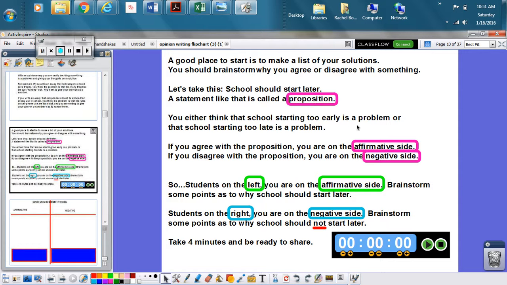And the terms we've given for that, if you're in agreement, you're on the affirmative side, and if you're in disagreement with that, then you are on the negative side. And we practiced by taking this proposition, school should start later, and students came up with ideas on the affirmative side in agreement with that, and on the negative side in disagreement with that.